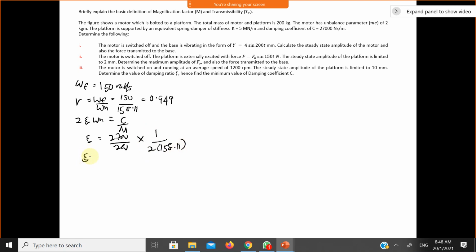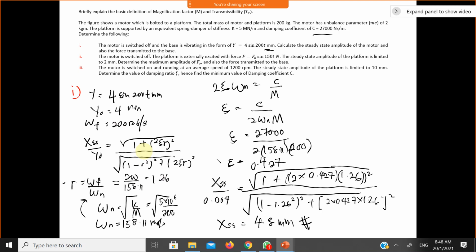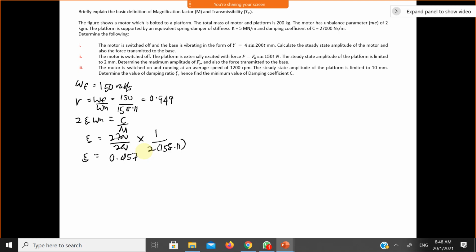Then zeta must be 0.457. Okay, 0.457. Kalau yang tadi berapa zeta kita? Zeta kita tadi adalah 0.427. So sekarang dia akan berubah ke 0.457. Dan based on formula yang kita ada, dan kita boleh dapatkan nilai F naught lah.